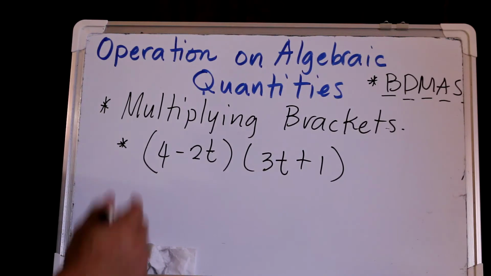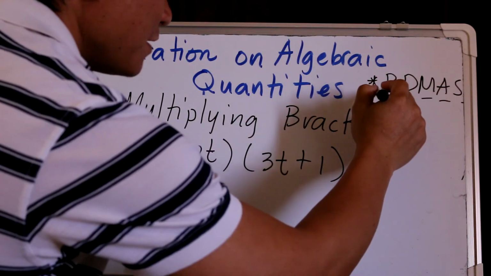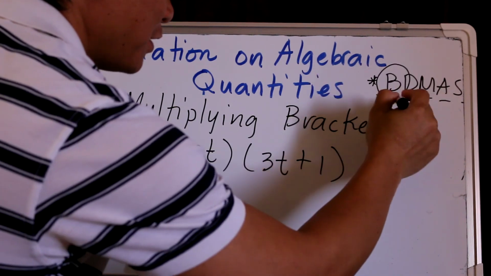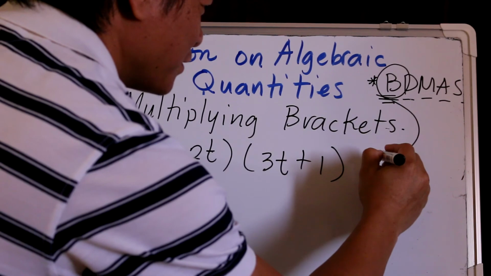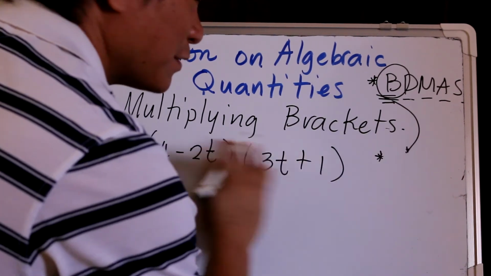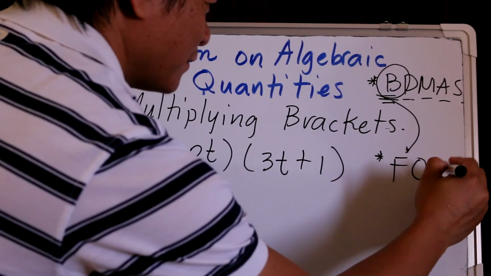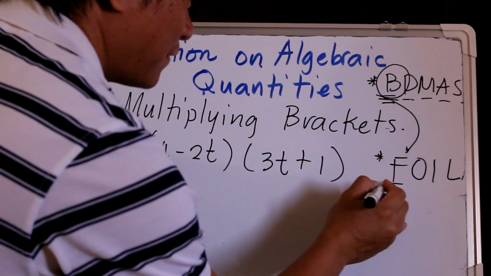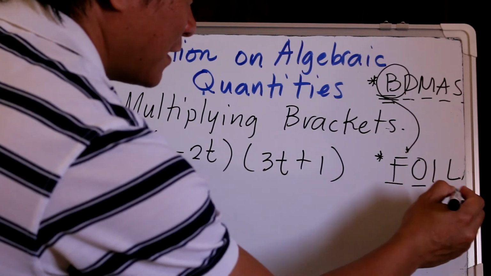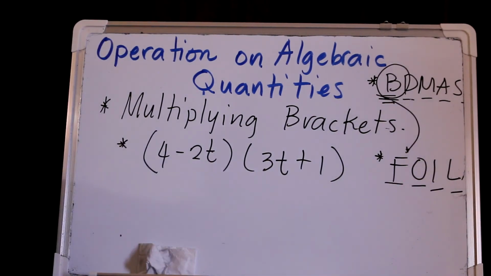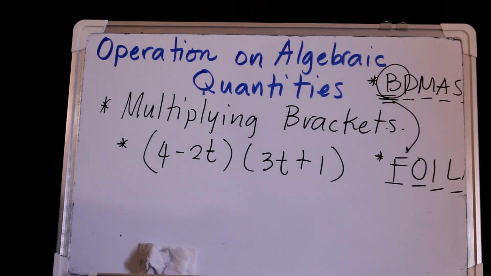Alright, so for this case, since we do the bracket first here, because there are two brackets, you are going to do the FOIL method. FOIL. Firsts, outer, inner, lasts. That's easy to remember.